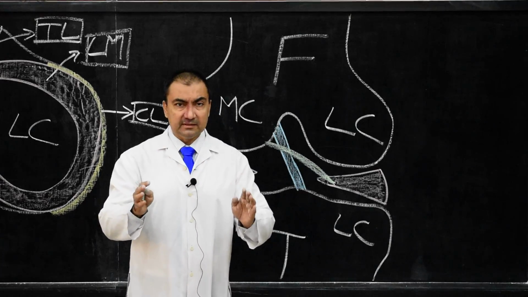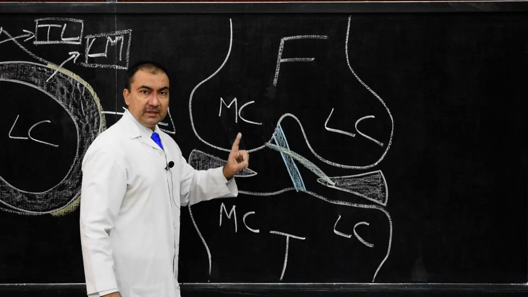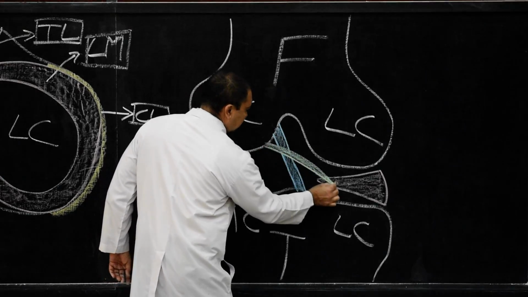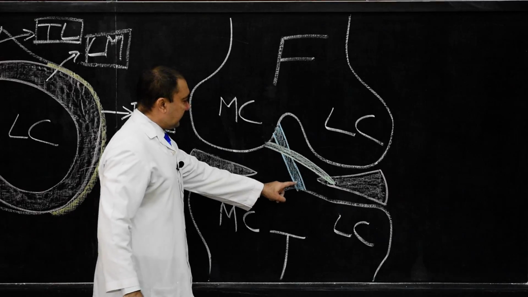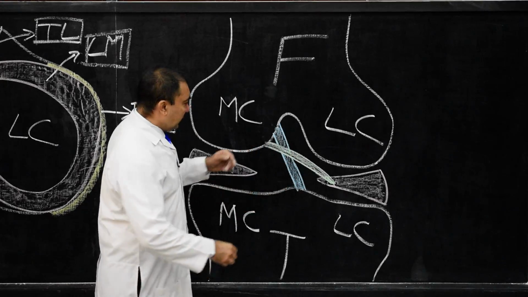As simple as it is. So this ligament is posterior meniscofemoral ligament, crossing the posterior cruciate ligament from posterior side. Anterior will cross from anterior.